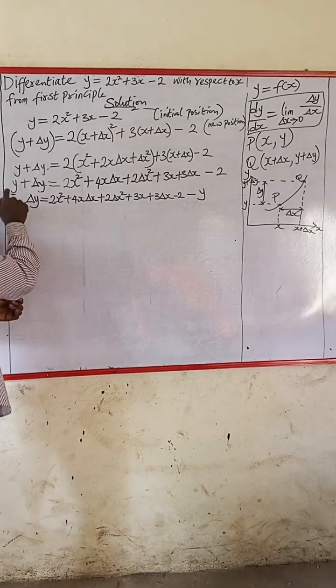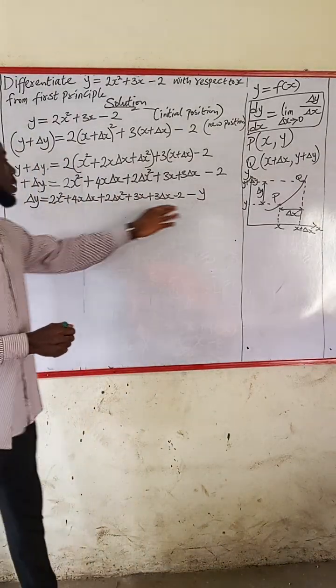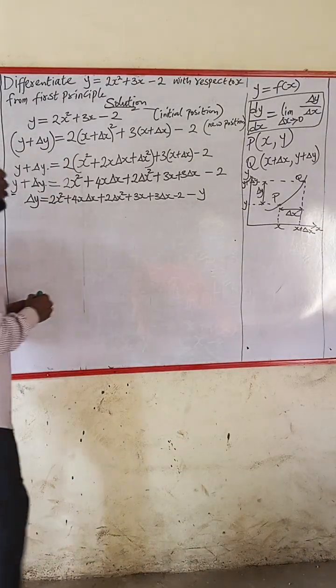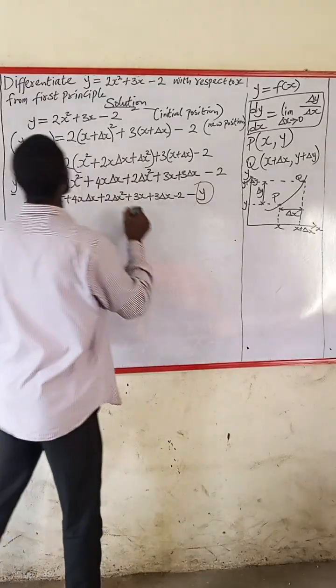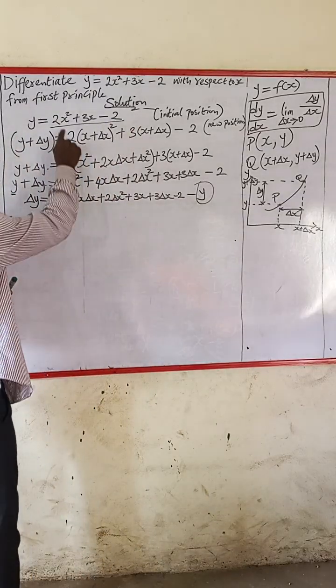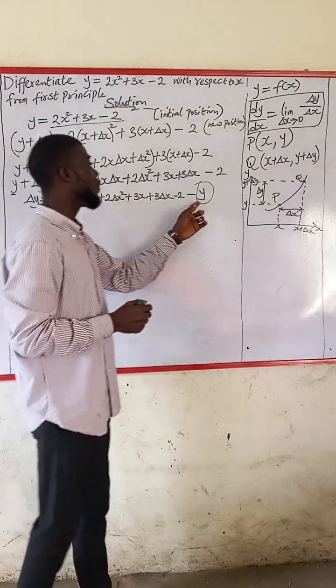That means we have taken plus y to the right hand side. When we take plus y to the right hand side, this will give us minus y. But remember that y alone is simply 2x squared plus 3x minus 2.